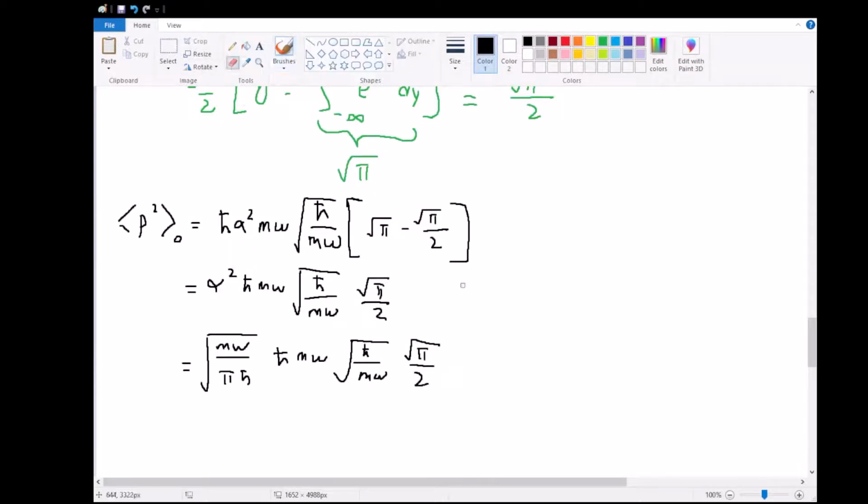So the square root of pi automatically cancels out with the square root of pi at the bottom. So this becomes 1/2. We have square root of m omega over h bar, that cancels out with square root of h bar over m omega, and our final result is 1/2 h bar times m omega. And with that, we have finished the first 4 integrals out of 8.